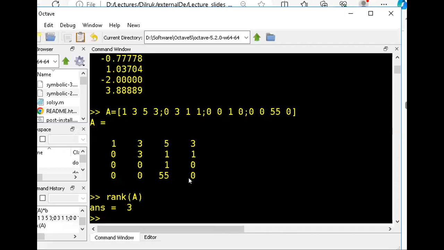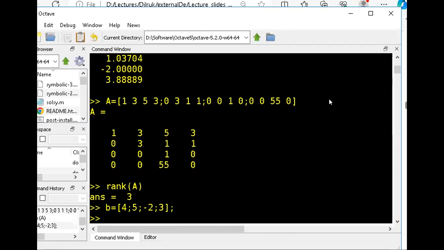So let's define a right hand side. For this right hand side, let's find the determinant. If you find the determinant, what happens?